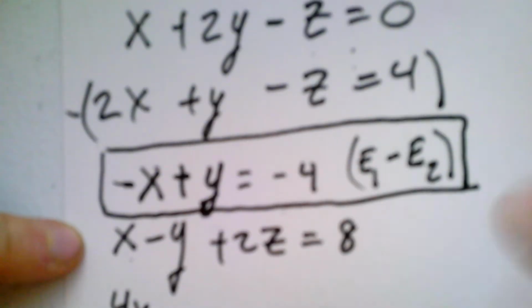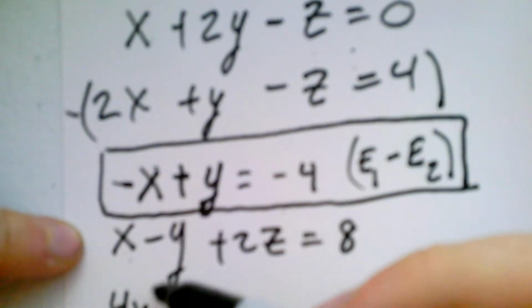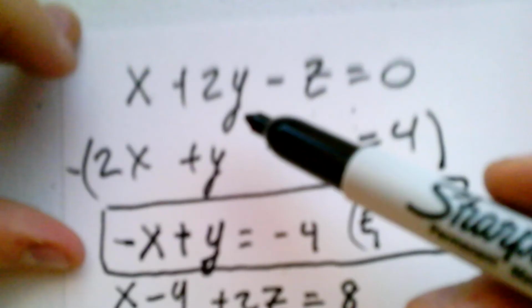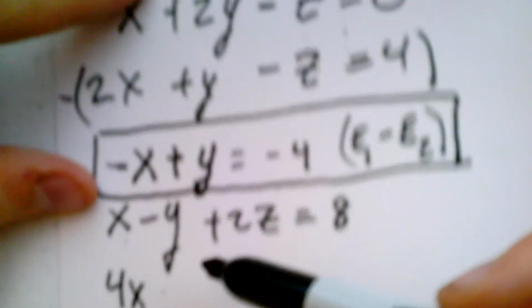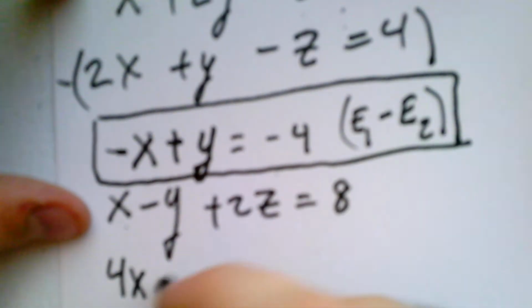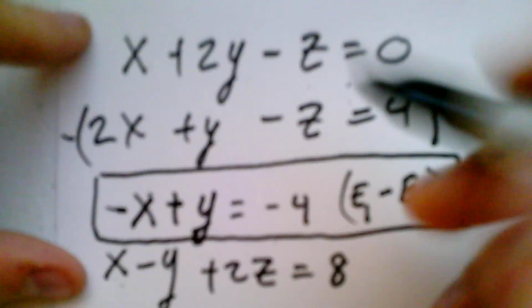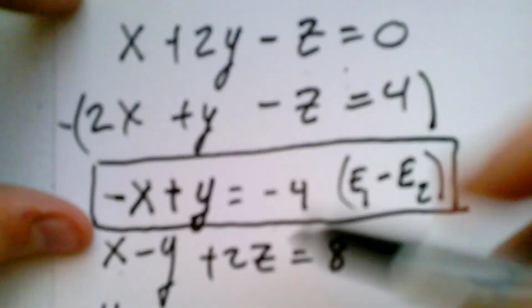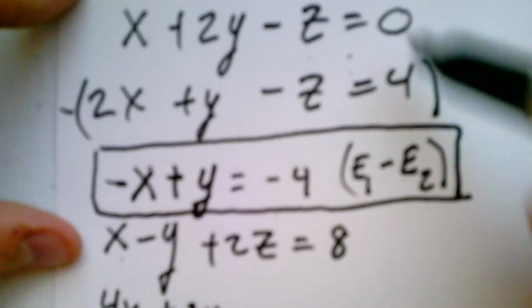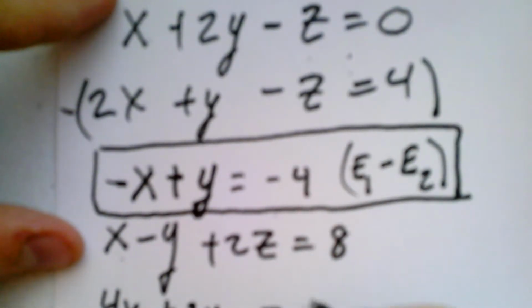So x plus 2x plus x is 4x. 2y plus y minus y is 2y. And negative z minus z plus 2z is 0, with 0 plus 4 plus 8 equaling 12.